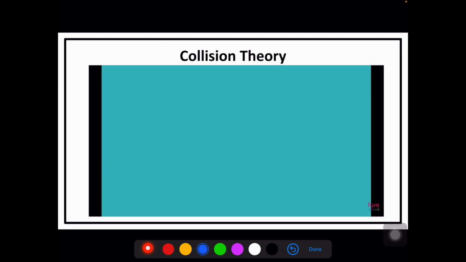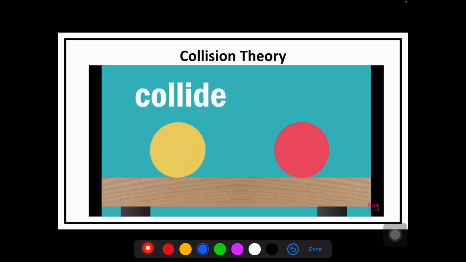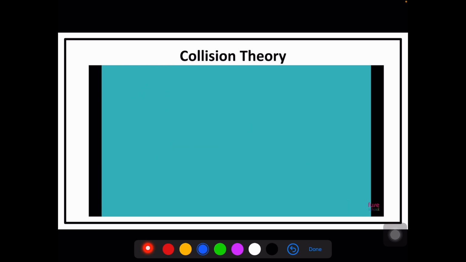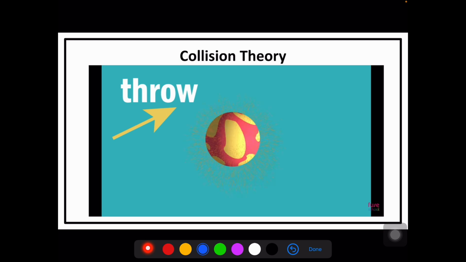Imagine our reaction being that of a ball of yellow plasticine reacting with a ball of red plasticine to give just one ball consisting of the yellow and red plasticine stuck together. If you slowly roll the ball of yellow plasticine towards the ball of red plasticine, they will collide. However, if you pick up the ball of yellow plasticine, the ball of red plasticine will not be stuck to it. No reaction. If you throw the ball of yellow plasticine at the ball of red plasticine, again they will collide.